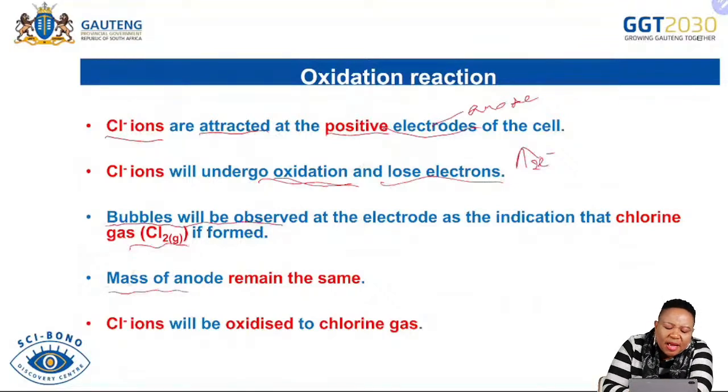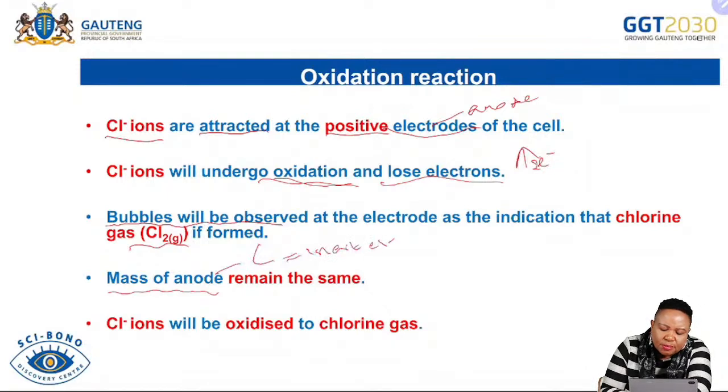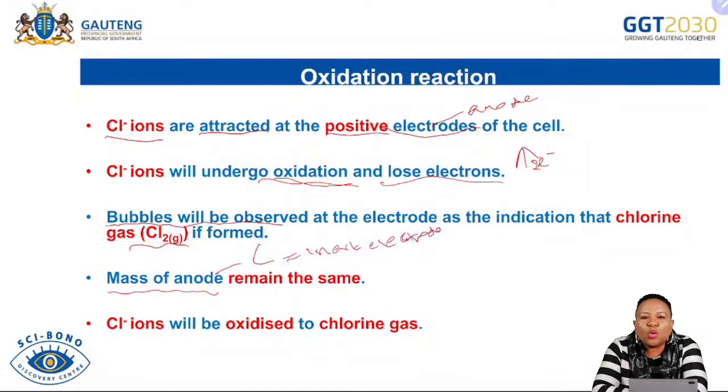you need to know that the mass of the anode will remain constant because our carbon is going to be our inert electrode, meaning that it is not the electrode that undergoes oxidation. The function of the carbon is to say, after a chloride ion has lost electrons, those electrons will be transferred to the other side of the reaction.